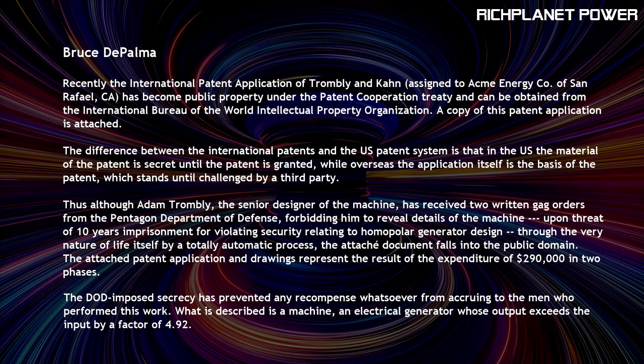The attached patent application and drawings represent the result of the expenditure of $290,000 in 2 phases. The Department of Defense imposed secrecy has prevented any recompense whatsoever from accruing to the men who performed this work. What is described is a machine, an electrical generator whose output exceeds the input by a factor of 4.92."